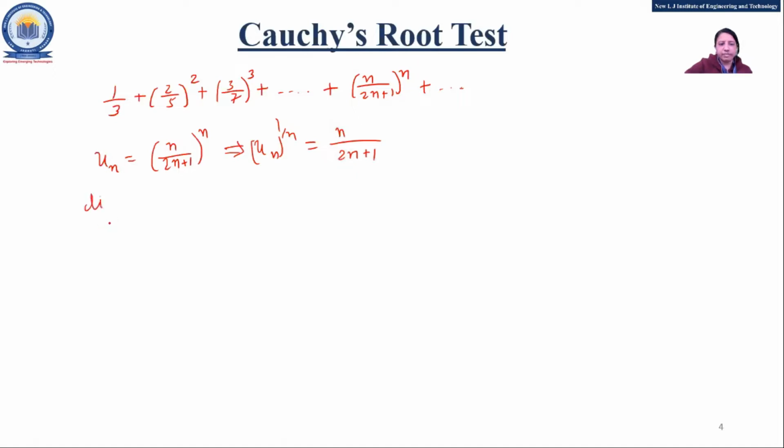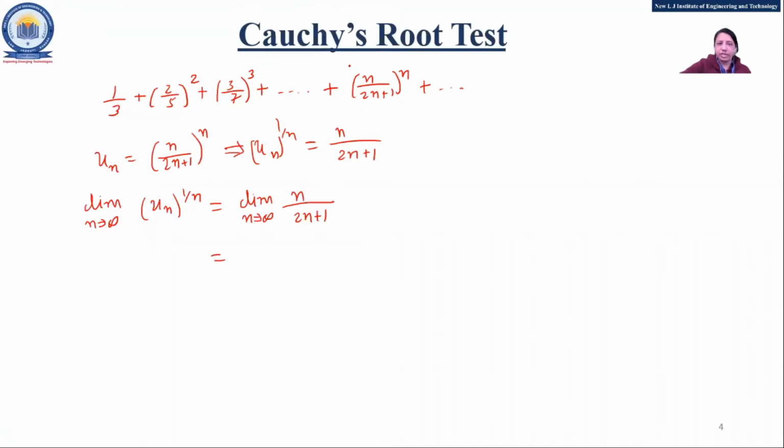Now the next step is limit n tends to infinity, un raised to 1 by n equal to limit n tends to infinity n upon 2n plus 1. So what is the answer for this?